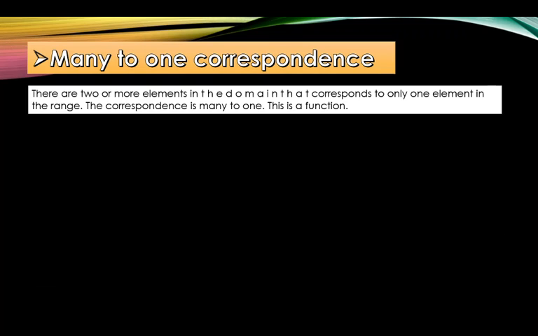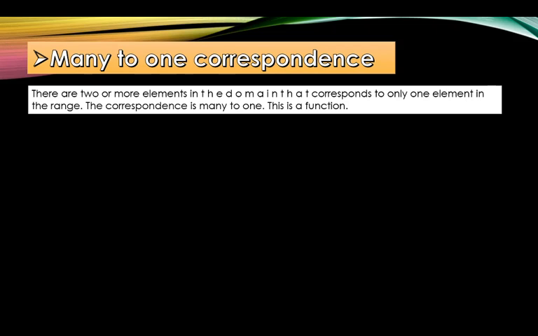Alright? Let's go to the next type of relation according to the correspondence. Many-to-one correspondence. Marami sa isa. Anong ibig sabihin nun? There are 2 or more elements in the domain. 2 o higit pa na value ng domain that corresponds to only 1 element in the range. And the correspondence is many-to-one.